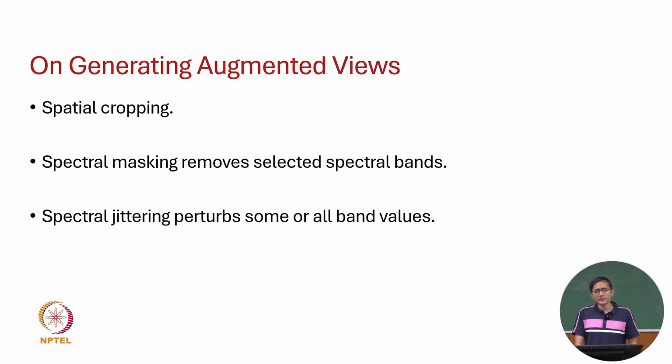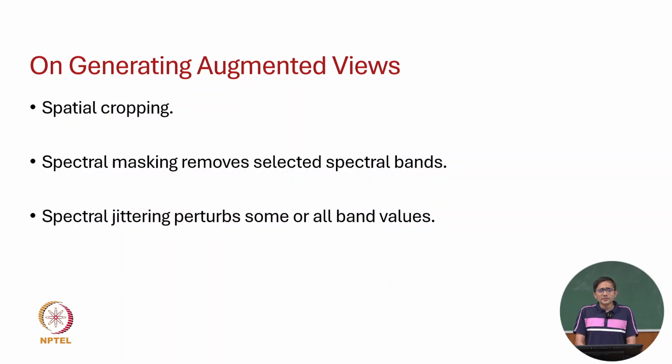If from a particular image I we are creating two views, I1 and I2, they should not be very similar. Then for self-supervised learning, it doesn't have an enough challenging task. Whereas on the other hand, they should not be so dissimilar that it doesn't make sense anymore to call I1 and I2 augmented views of each other.